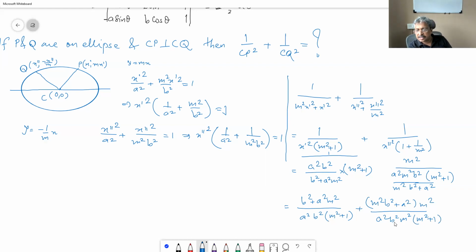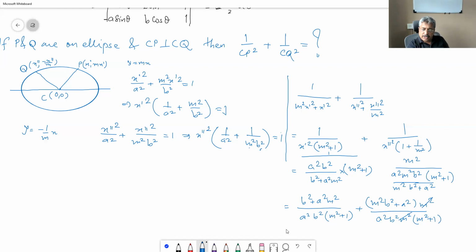Is my m square getting cancelled? Is this correct? Yes. A square m square b square is the LCM, which goes in the numerator, and m square b square plus a square gets the denominator, and therefore m square gets cancelled, right?